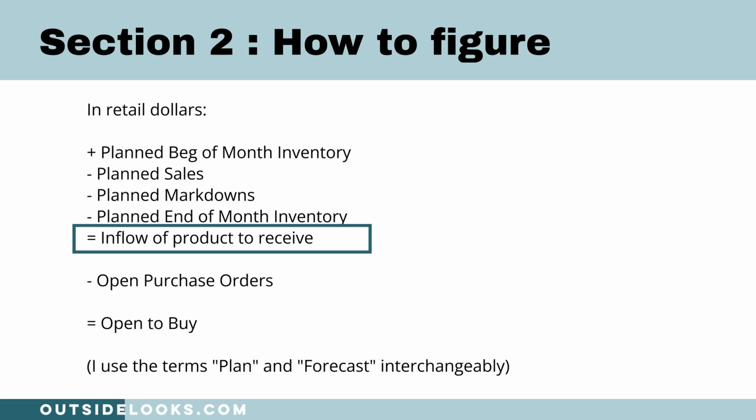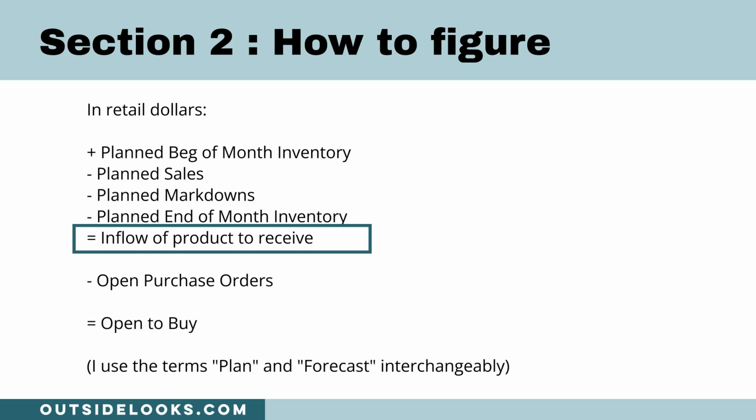And those four elements combined equal the inflow, or the amount of product that we need to receive in order for us to reach our end of month inventory goal. I don't know about you, but I'm getting flashbacks to my freshman algebra class in high school. So we have a goal of how much we want to receive within that month in order to get us through sales, markdowns, and to achieve our end of month inventory plan.